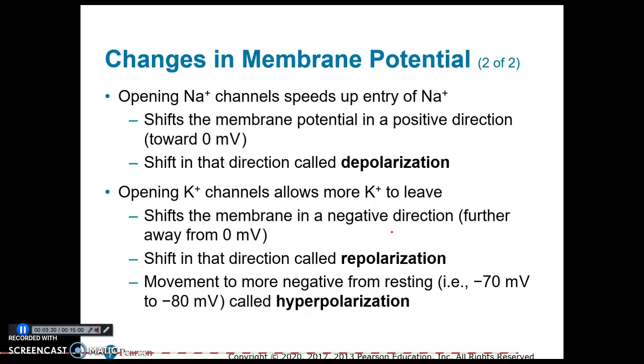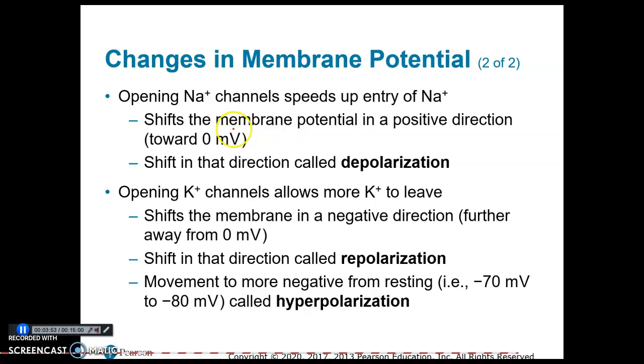So now we're going to talk about changes in the membrane potential, because it's these changes that lead to a nerve impulse being transmitted from a neuron to a target. So what can change the membrane potential? Now we have channels that are gated.